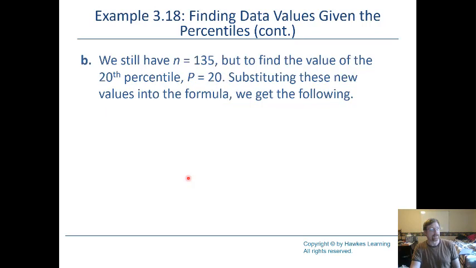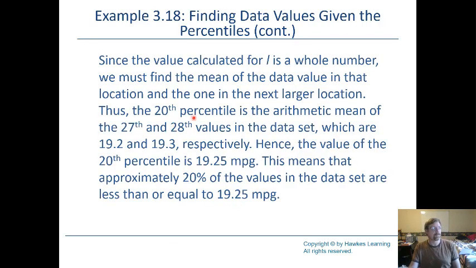All right, let's look at the 20th percentile. Again, we just changed that one number from 10 to 20. We're now looking at value 27, so we will be averaging the values they've mentioned: the arithmetic mean of the 27th and 28th values, 27 being what we got from the formula, 19.2 and 19.3.